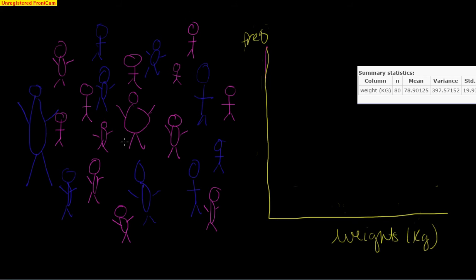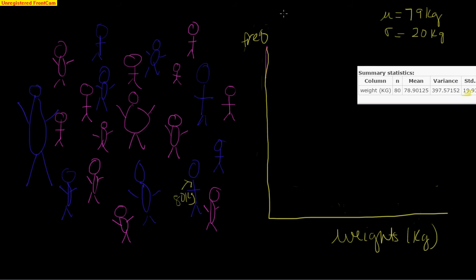For example, maybe this person here weighs 80 kilograms. I did plug in all the weights, and it turned out that we had a mean weight of 78.9, so I'm going to round that up to 79 kilograms, with a standard deviation of way up here, 19.9. I'm going to round that to 20 kilograms.